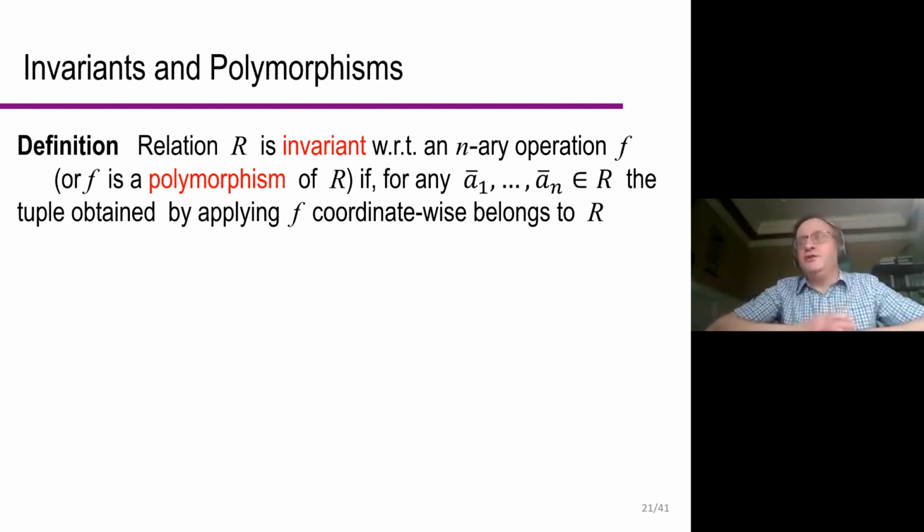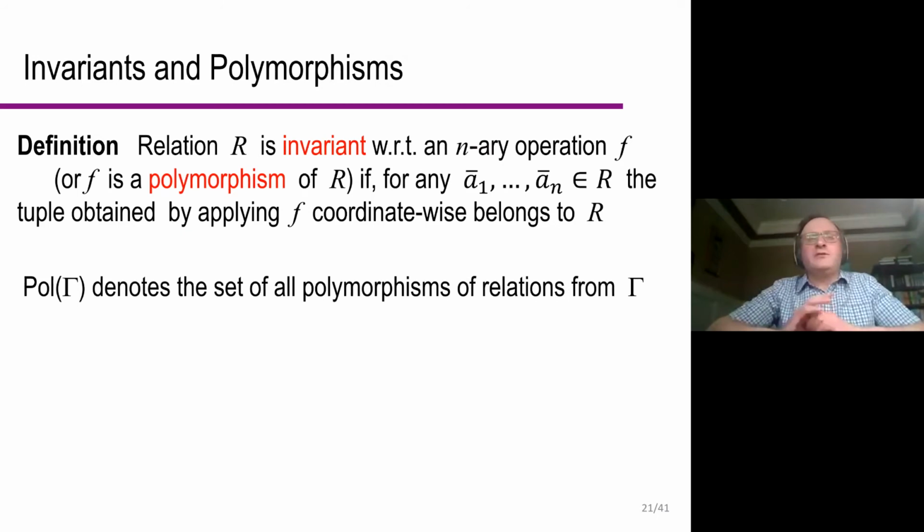So the relation is on a set A, F is on the same set A, or I will say that F is a polymorphism of my relation. If I take any tuples from my relation, apply F, the result also belongs to the relation. Okay, so in some sense, the relation is closed under F. Again, I will give a couple of examples, and hopefully this will be a little bit more intuitive.